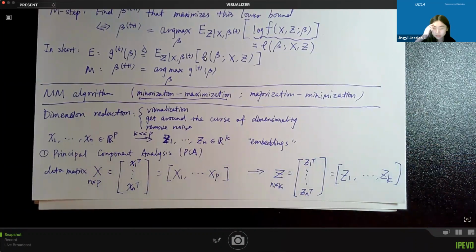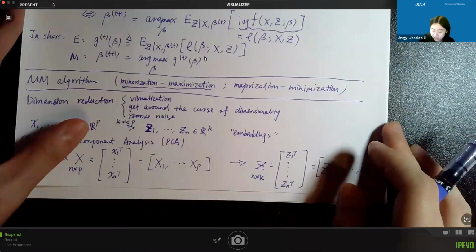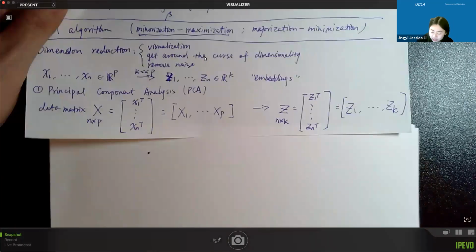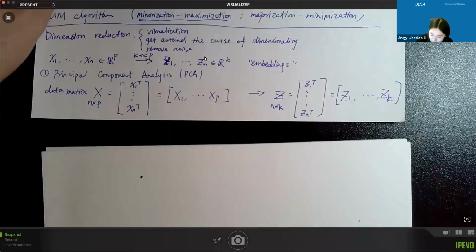So what does PCA do? As I said, PCA is a linear dimension reduction.